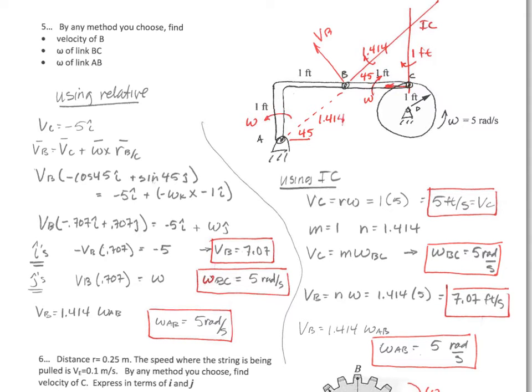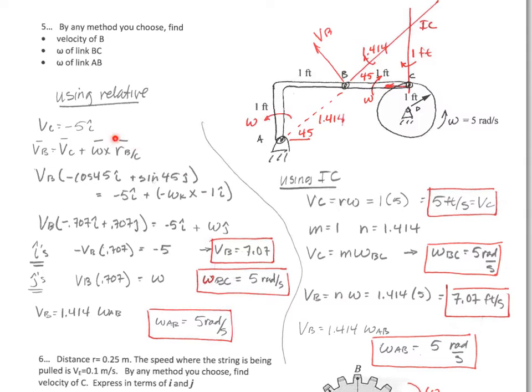We can also use the relative equation approach, and that's what I've done over here. Very few of you did it this way. In fact, I'm not sure anybody did it this way correctly, but you can use the relative equation approach. Again, you still have to identify C going in this direction as negative 5i. You still have to understand that velocity of B goes in this direction, but it's got a cosine 45 and a sine 45 going in those directions, and that's what the velocity of B looks like as a vector.